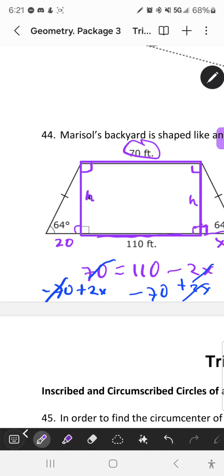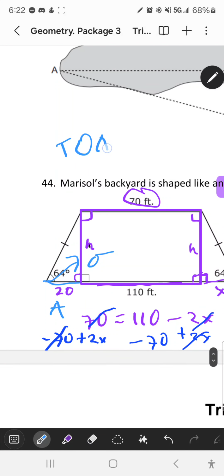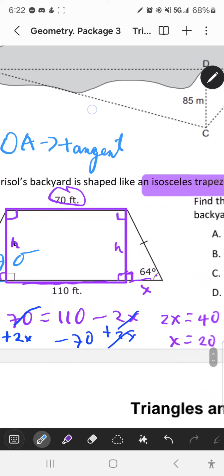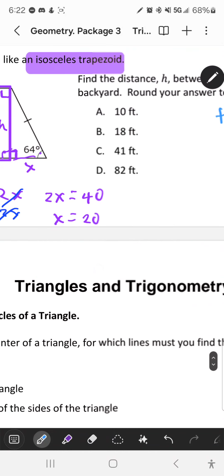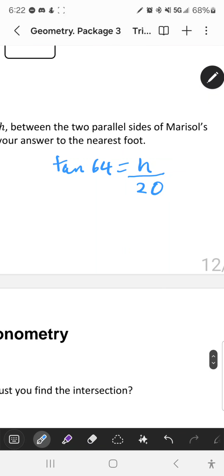And I have everything we need. As I said before, we're looking at an opposite and an adjacent. So this is O, this is A. What we have is TOA, so tangent. Now, I can say tangent of the angle, which is 64, so tangent of 64 is equal to the opposite, which is h, over the adjacent, which I just calculated, and it's 20.